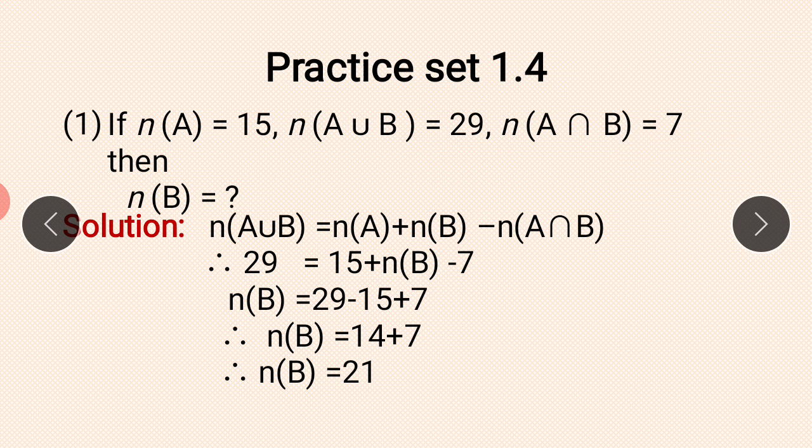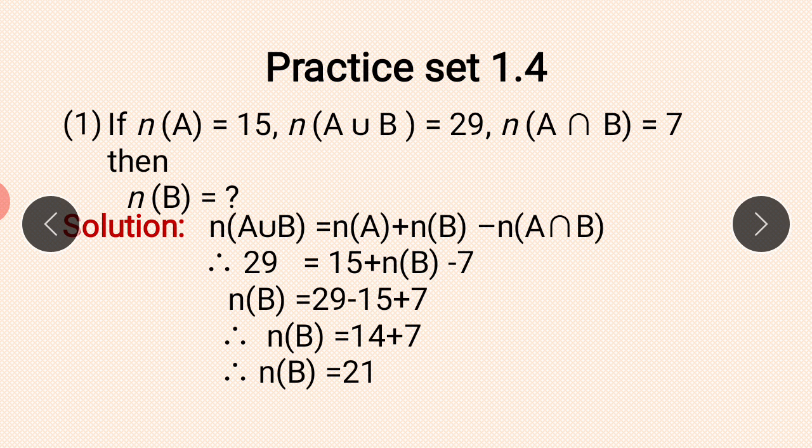Then find out n(B), means number of elements in set B. First, you write down that formula. What is the formula? n(A union B) is equal to n(A) plus n(B) minus n(A intersection B).